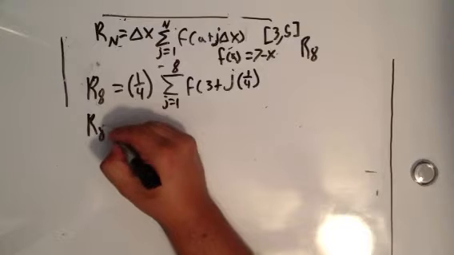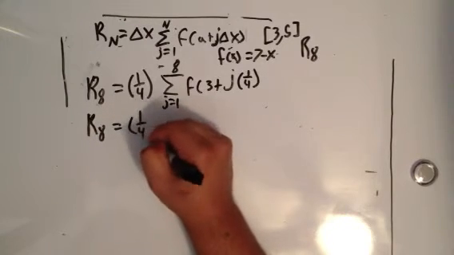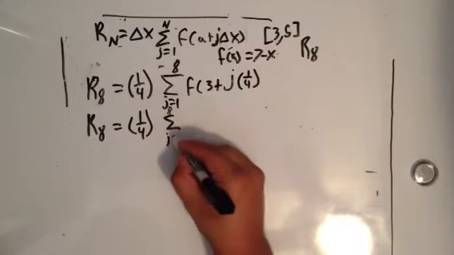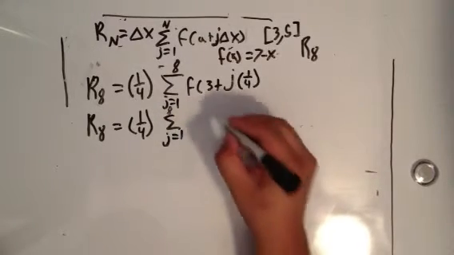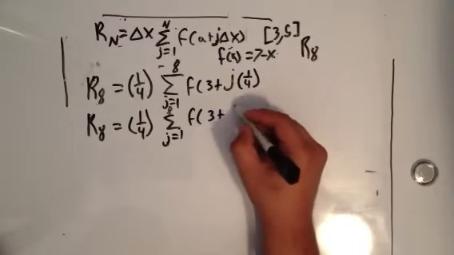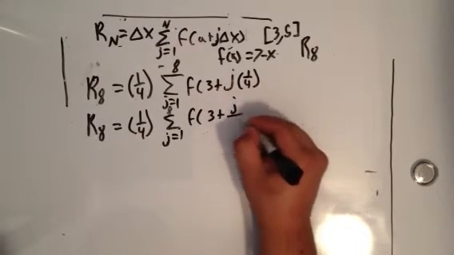So R of 8 is equal to 1/4 times the summation, 8, j is equal to 1, of f of 3 plus j over 4.